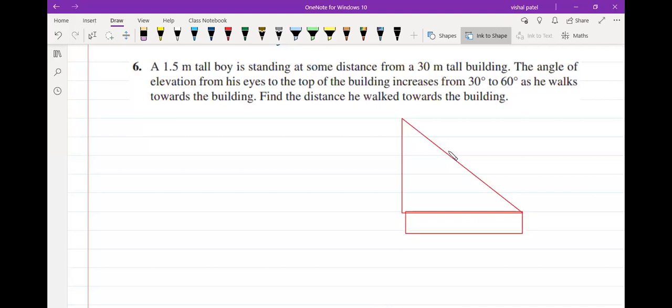I'm trying to draw the diagram as clearly as I can. Now, just a minute, students. I'll explain the diagram to you.